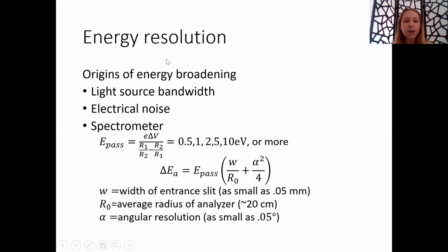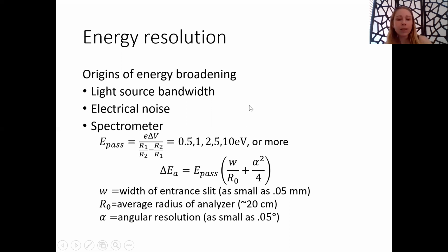And then finally, there is the attribute of the spectrometer. So there is something called the pass energy, which when you do ARPES experiments, it's going to be one of the parameters that you control in your data collection software. So typically there are certain choices that are given, 0.5, 1, 2, 5, 10 eV, and it goes further up.